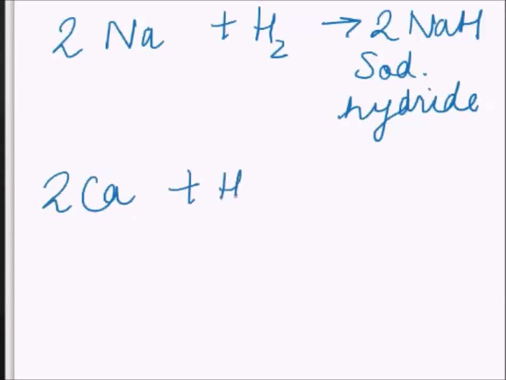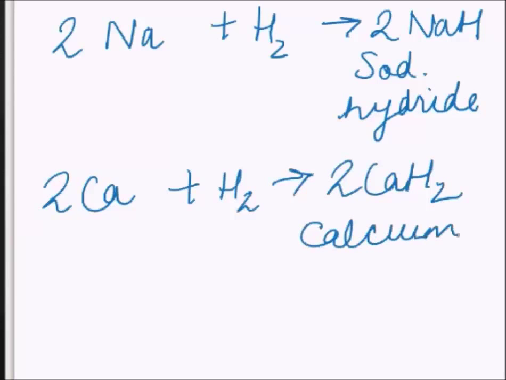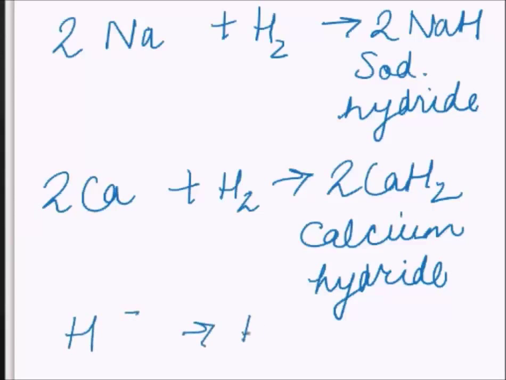When it reacts with hydrogen, CaH2 will be formed, and this is calcium hydride. In these hydrides, hydrogen is present in the form of a negative ion called hydride ion. These hydrides conduct electricity in the molten state.